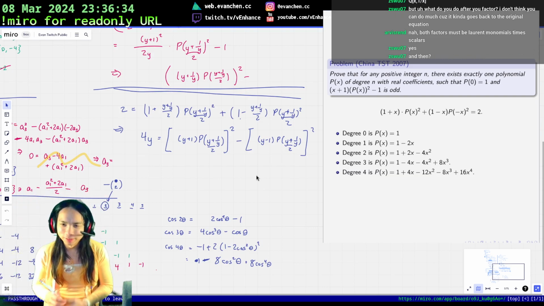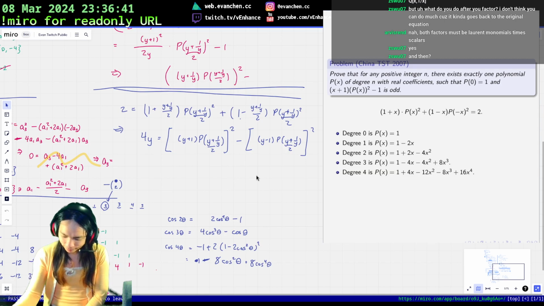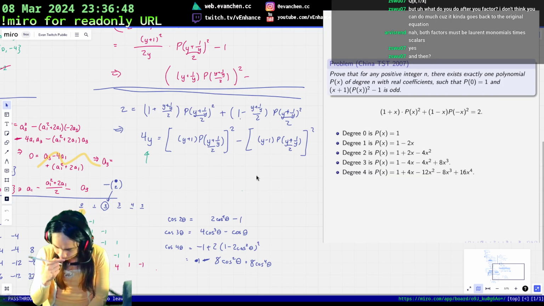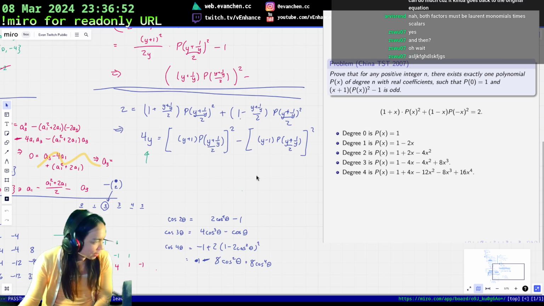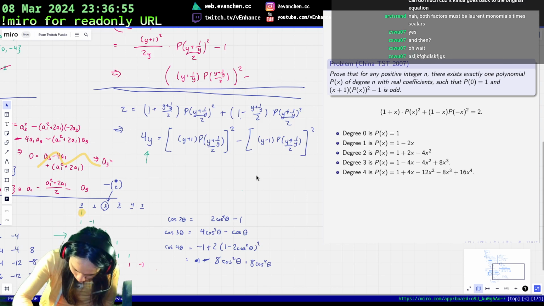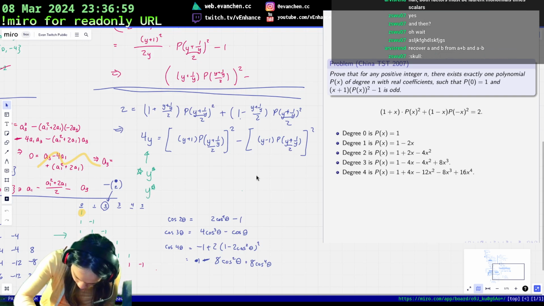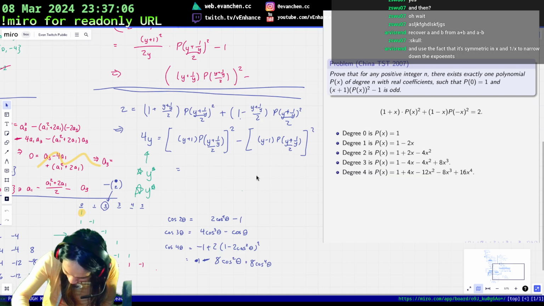So what happens after this is that the right hand side factors, and then this guy has to be like... Yeah, so this is like a monomial times something, and then this is like some other monomial times some other thing. So you can set the difference of squares equal to... What on earth?